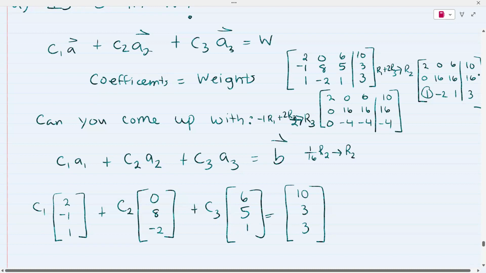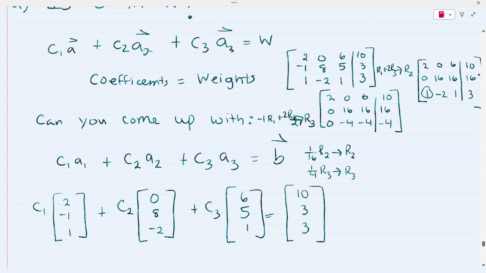And then to make these -4s into 1s, maybe you can multiply by 1/4. We can multiply a scalar more than once, and then maybe we can make this 2 into 1 by multiplying it by the scalar 1/2.